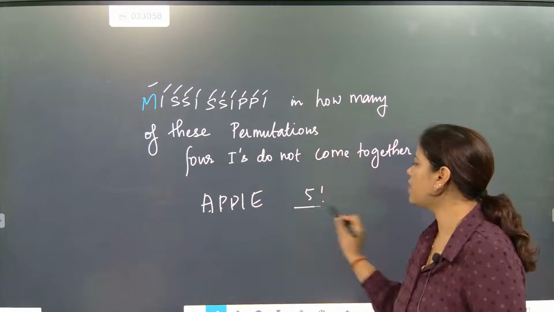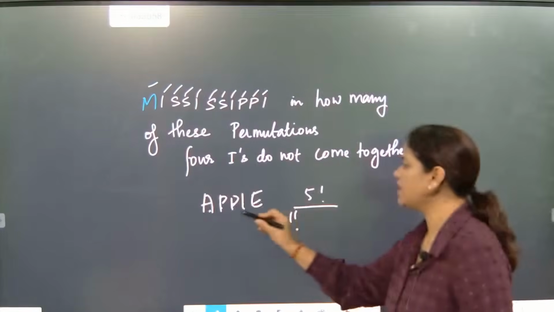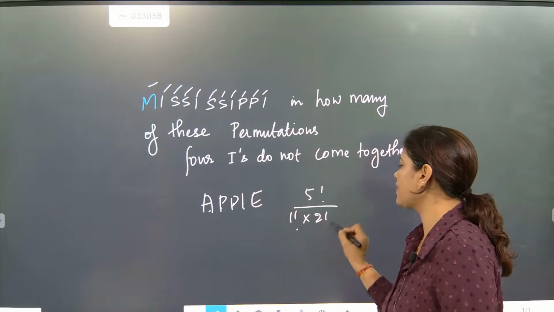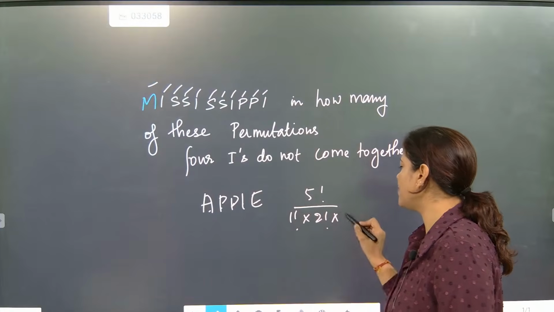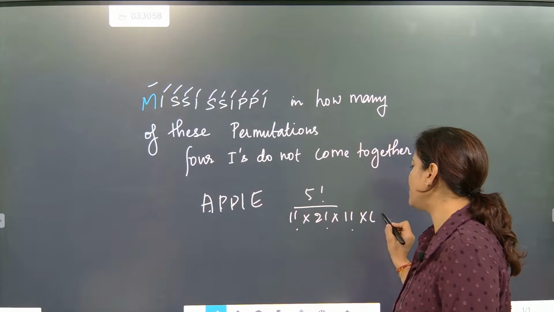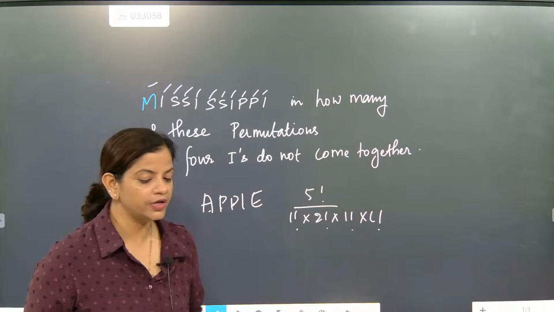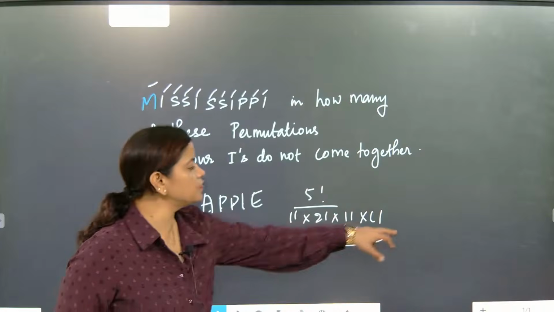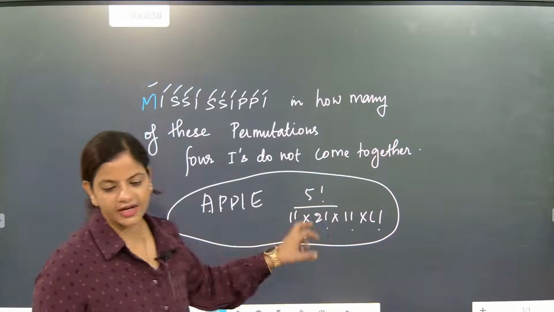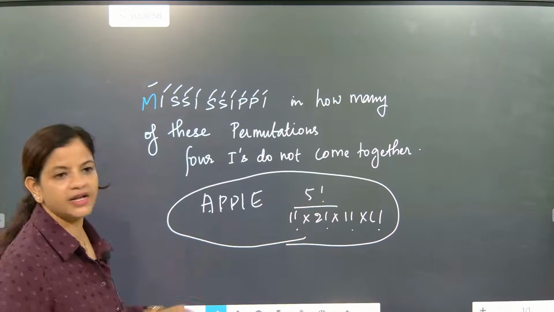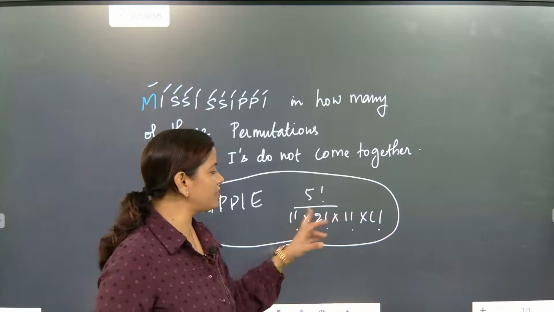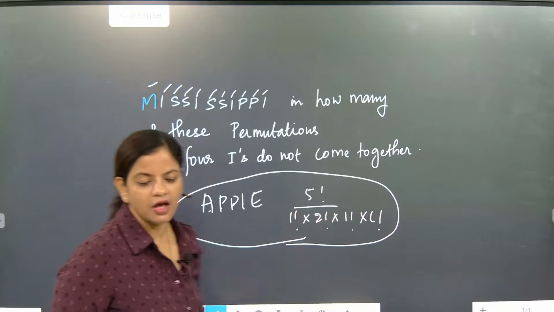A is coming 1 time, so 1 factorial. P is coming 2 times, so 2 factorial. L is coming 1 time, so 1 factorial. E is coming 1 time, so 1 factorial. Like this, repetitions we are going to write. So this is the most important thing. Apple is 5 factorial by 1 factorial, 2 factorial, 1 factorial and 1 factorial.